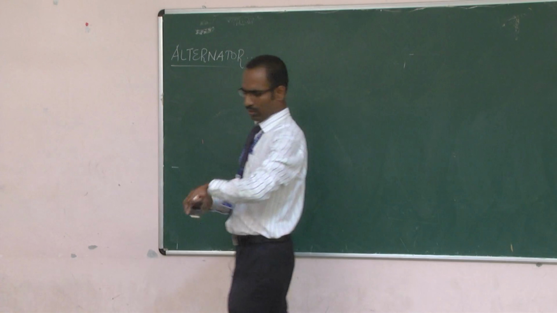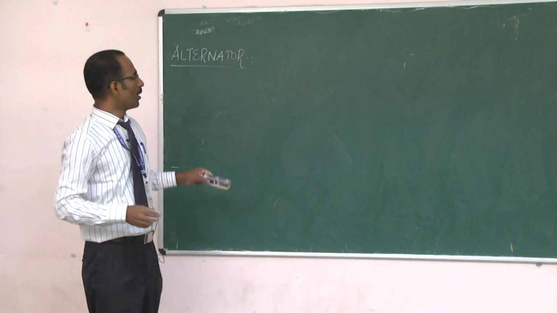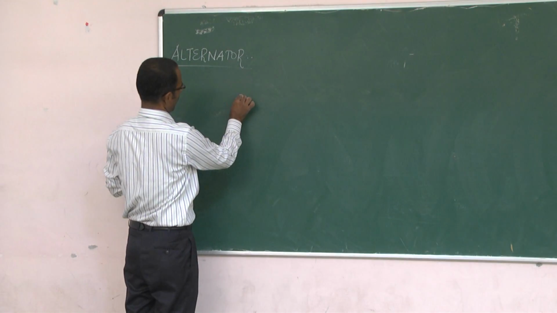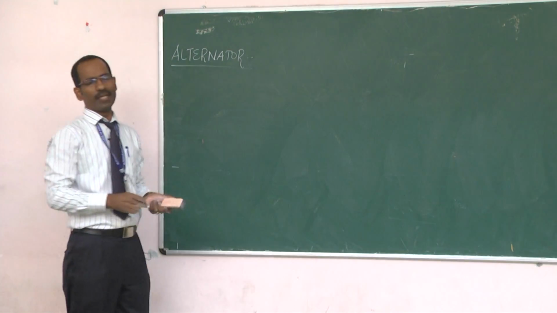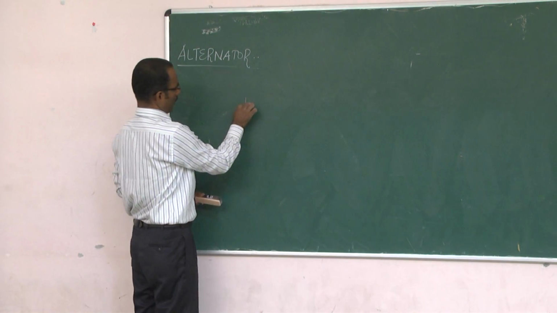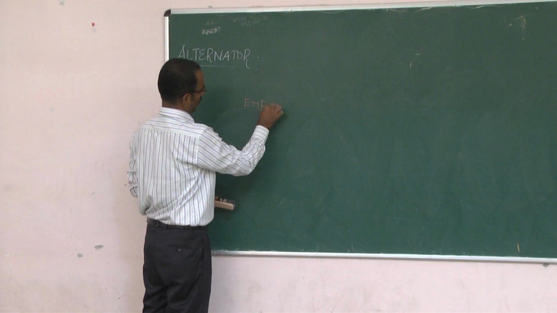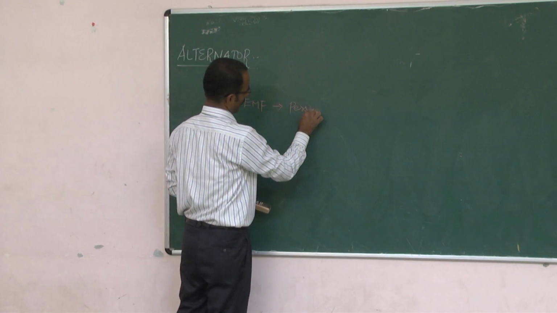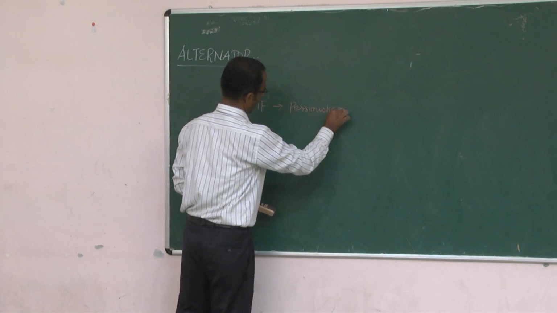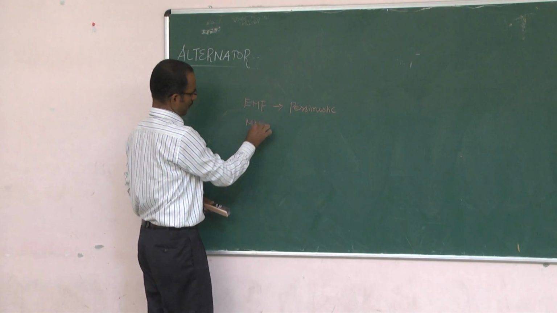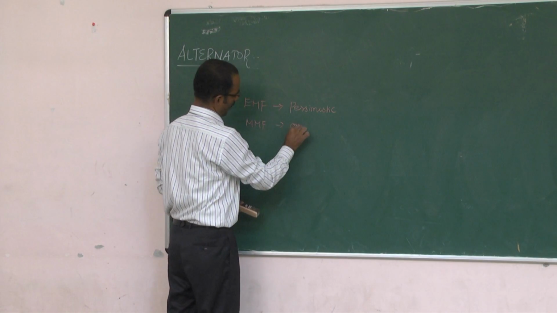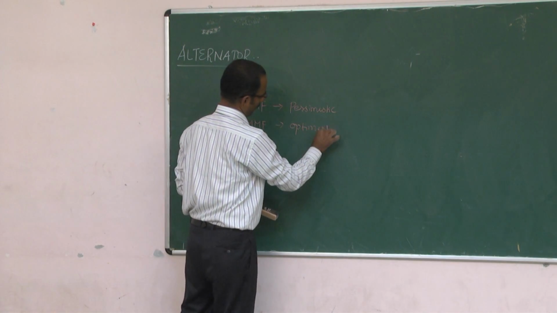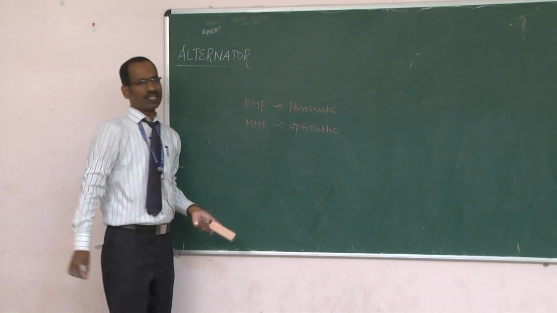So finally, I will conclude within a few minutes. We have different methods. I have explained only the EMF method alone. The EMF method gives an answer higher than the actual value, so it is called the pessimistic method. The MMF method is called the optimistic method. Why is it considered optimistic?